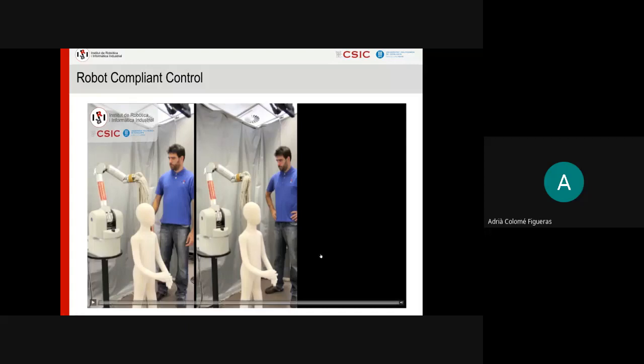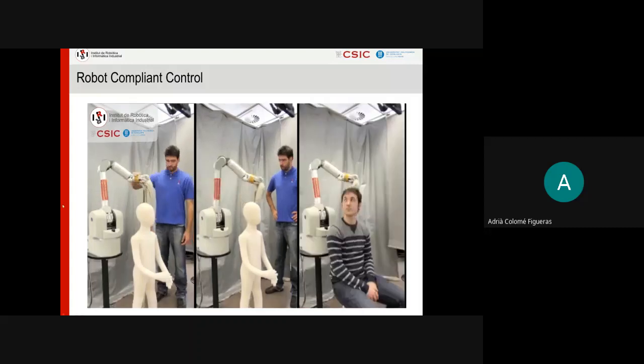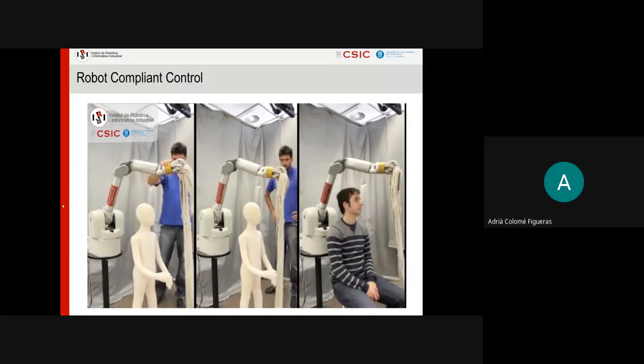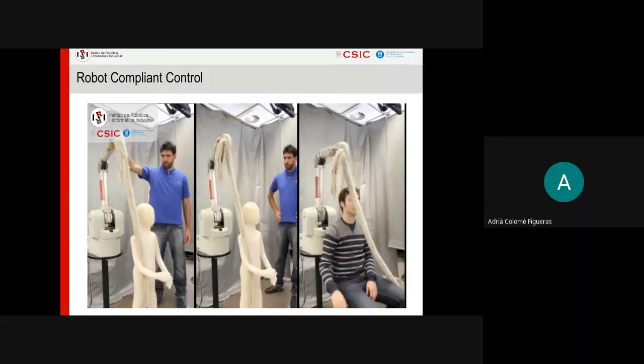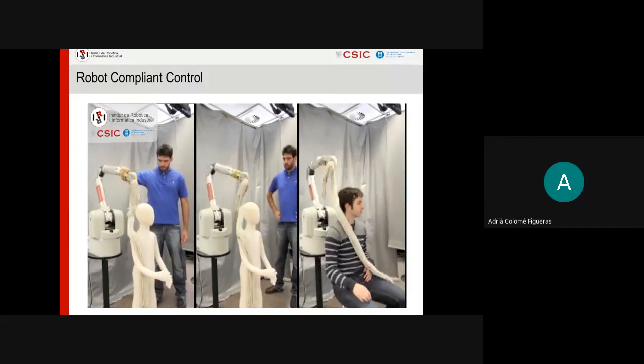But actually, using these compliant controllers, we can even substitute the mannequin for a person, and still the robot will be able to safely perform the motion that we wanted.